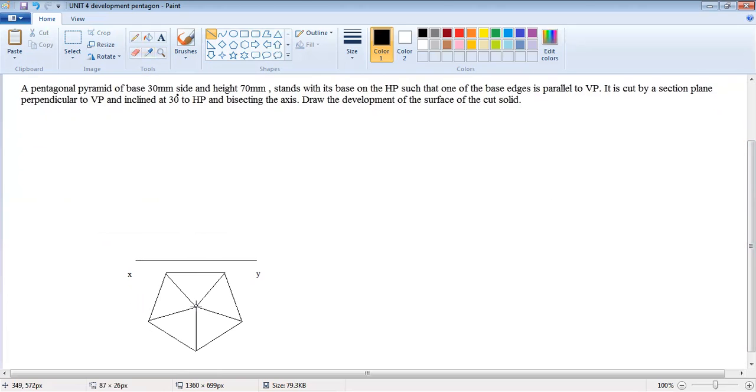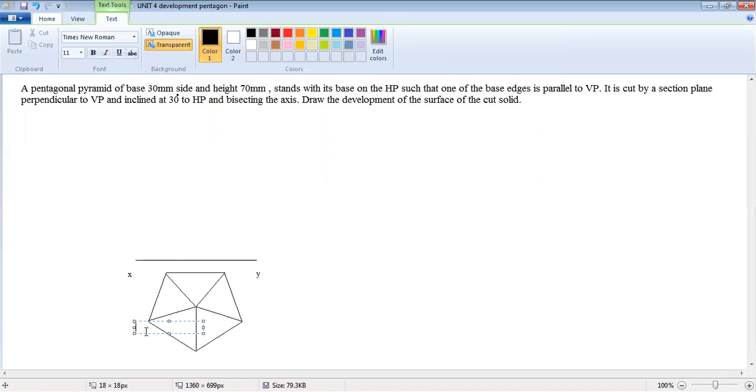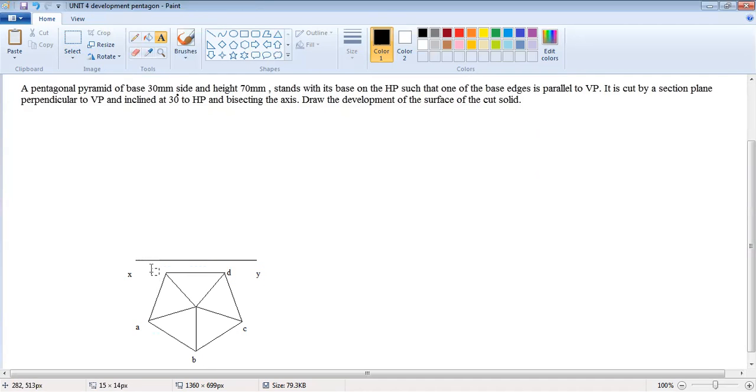This is the top view of the pentagonal pyramid. Name the points A, B, C, D, E for all the corners, and for the center, O.